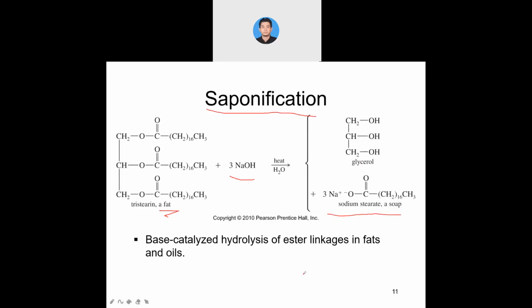In this case, it is base-catalyzed hydrolysis of the ester linkages in fats and oils. Long chain carboxylic salts are known as soap. So in this reaction, it will break at this position.